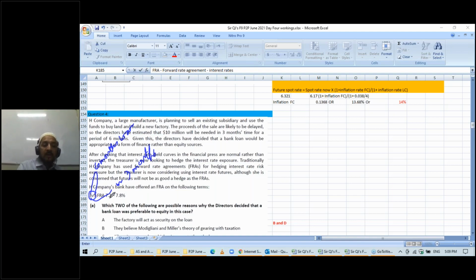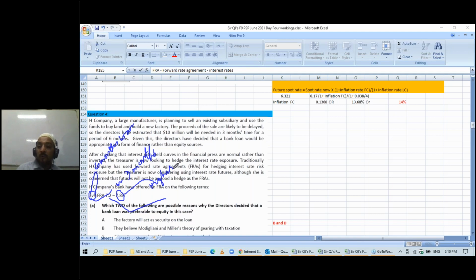Now, remember, if you go to a bank, the higher rate quoted by them will be your borrowing rate. Because if you go to a bank and make an investment over there, the bank will pay you a lesser interest rate.